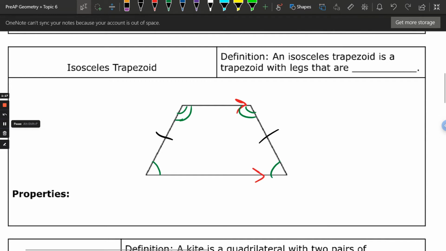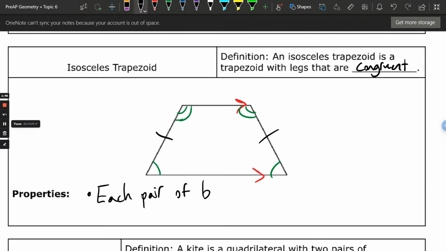Okay, so this is an isosceles trapezoid, and it is a trapezoid because it has one pair of parallel sides. It turns out that the legs on an isosceles trapezoid are congruent, which kind of makes sense if you think about an isosceles triangle. So these legs are congruent. The other property that comes out of this is the fact that each pair of base angles are congruent, so we have those two at the bottom congruent and those two at the top congruent.